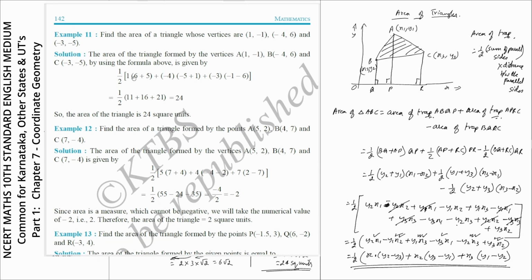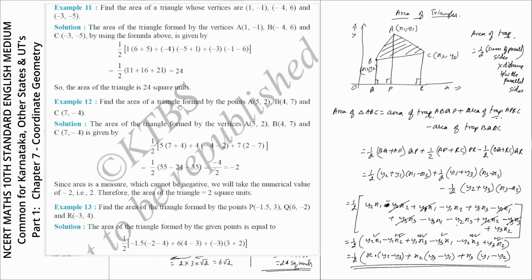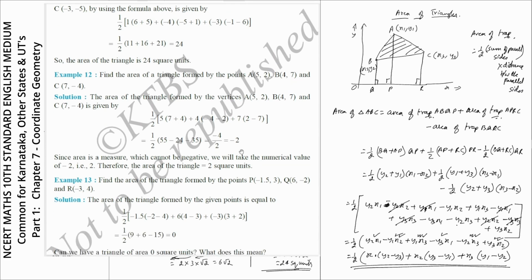So just substitute the given values in the formula, you will get the area. Here they are getting 24 square units, and this question also is very easy. We should find the area formed by these 3 points. So this is just a direct question. So they are substituting the values of A, B and C in this formula. They are getting the area.